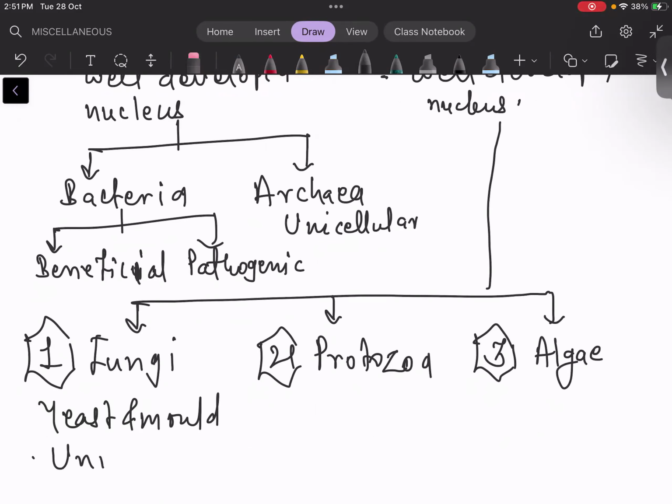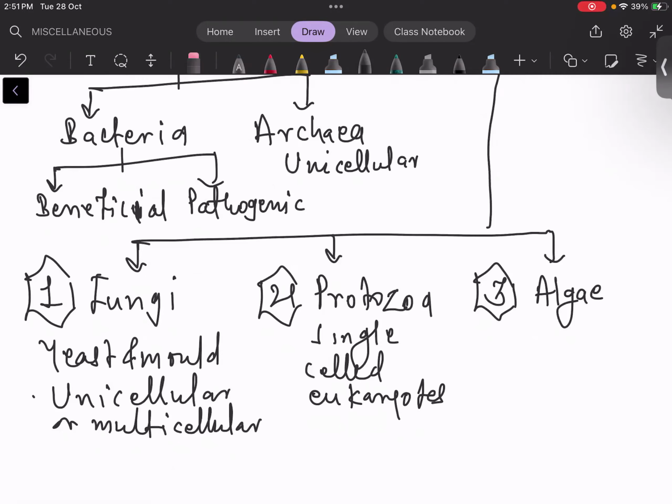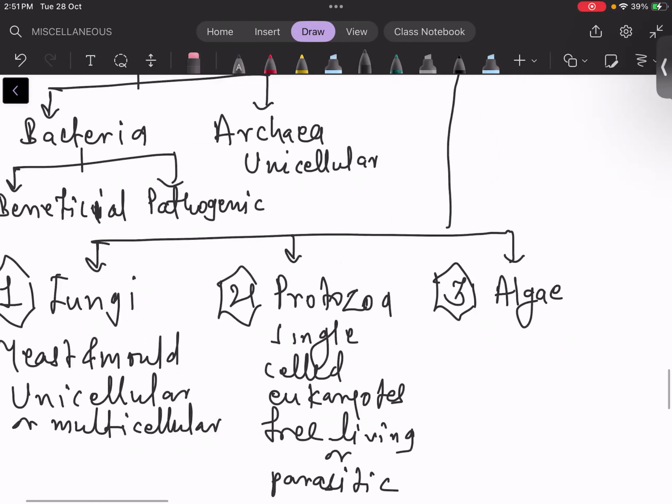Protozoa are single cell eukaryotes that are free living or parasitic.